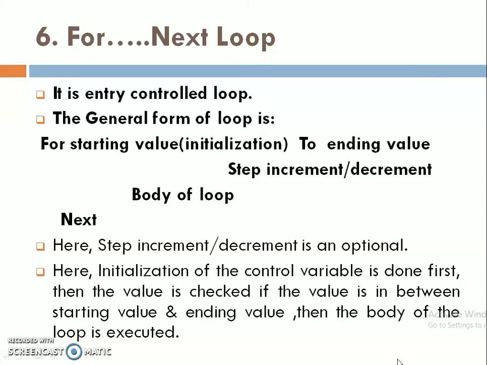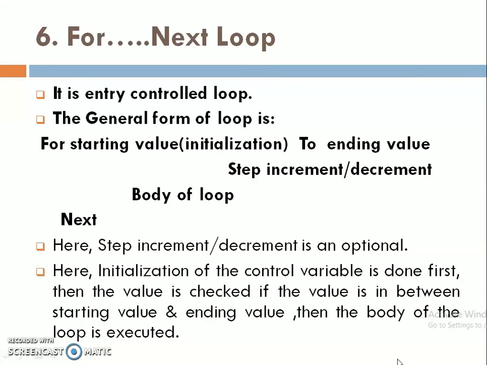Initialization of the control variable is done first. Then the value is checked. If the value is in between the starting value and ending value, then the body of the loop is executed. After executing the body, increment or decrement of the variable is done and the value of the variable is checked again. If the value is in between the starting value and ending value, then the body is executed again.